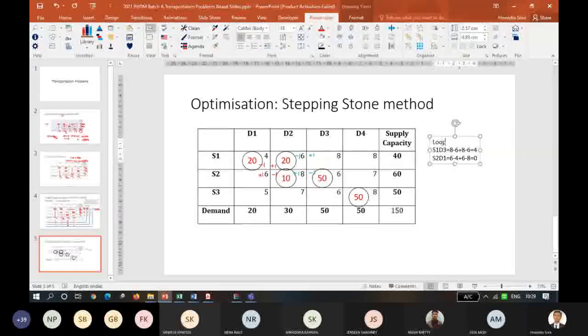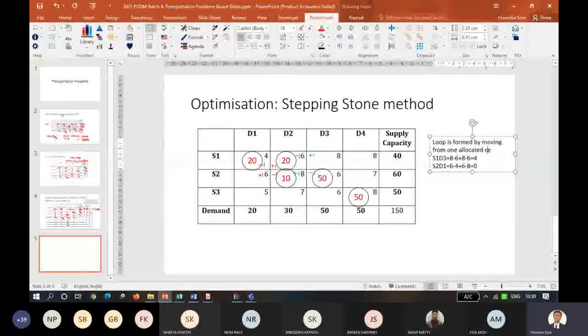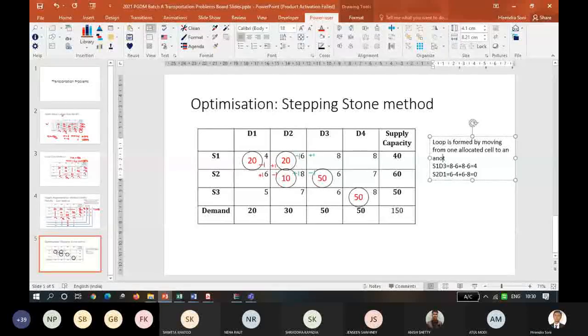Loop is formed by moving from one allocated cell to another allocated cell so as to maintain the demand and supply constraint.